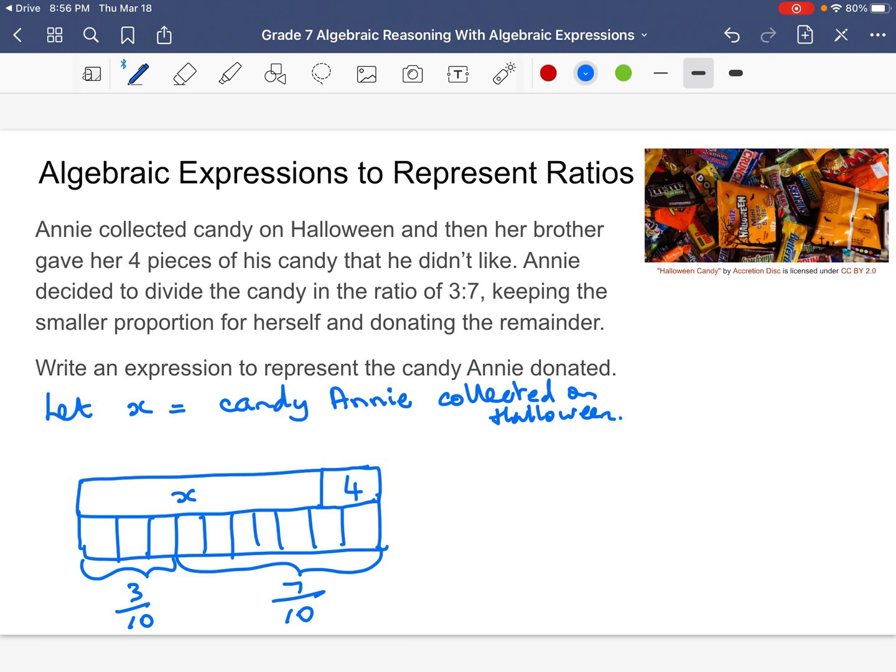So to write an expression to represent the candy she donated, first of all, she had X pieces of candy that she collected, and her brother gave her 4 pieces. So that's all the candy.